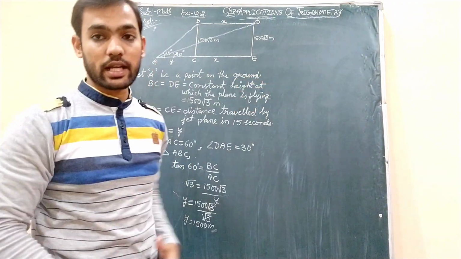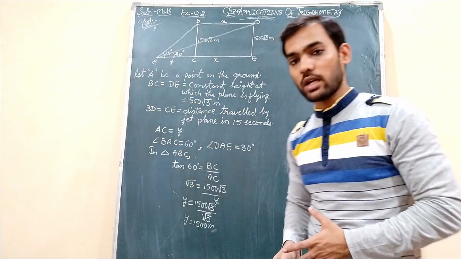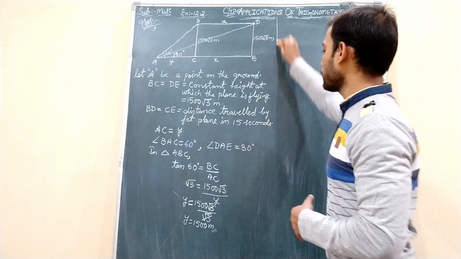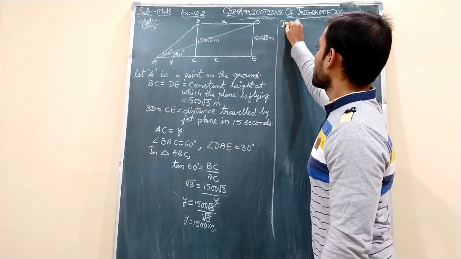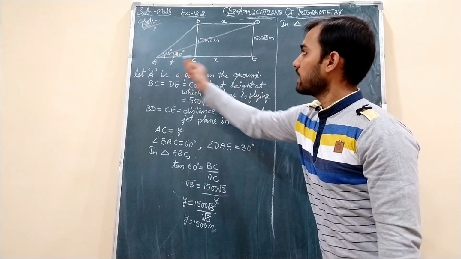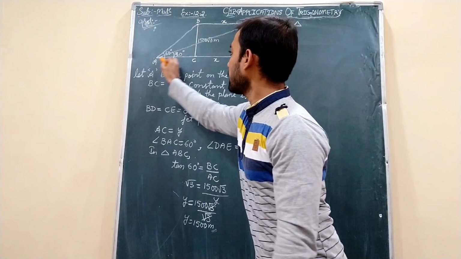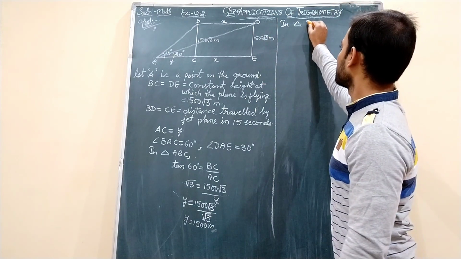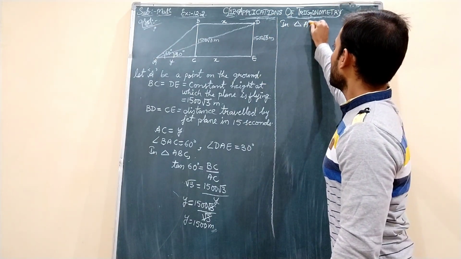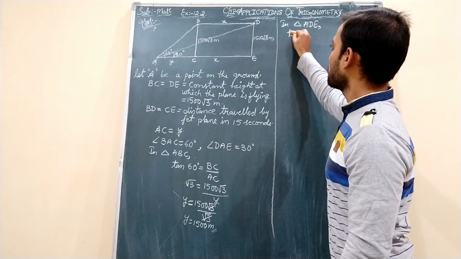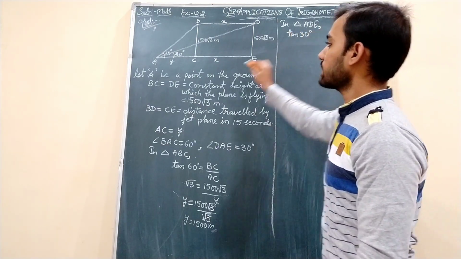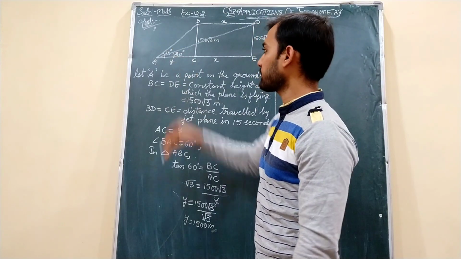Next, proceeding to another triangle, because we need the value of X to find the speed of the jet plane, students. Now I will take the whole triangle ADE. Here also we use the tan ratio, but with 30 degrees, because the angle has changed to 30 degrees.